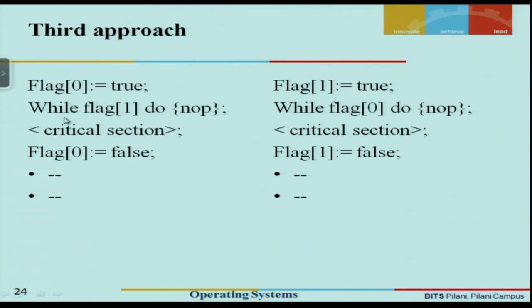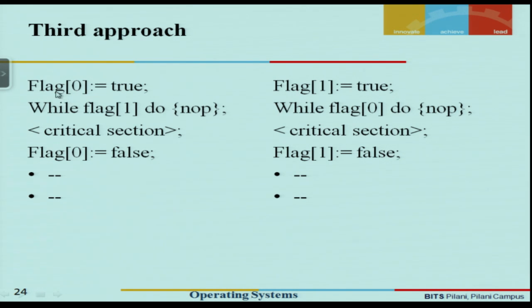Now after execution of the first instruction by both the processes, when process 0 tries to execute while flag 1, it finds that flag 1 equals to true, and when process 1 tries to do so, process 1 also finds the flag equals to true.